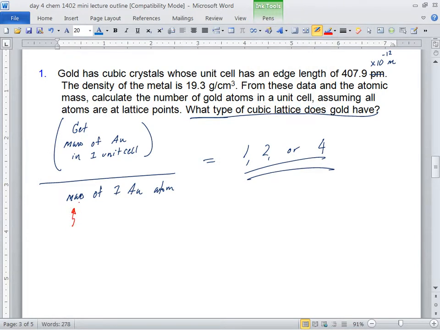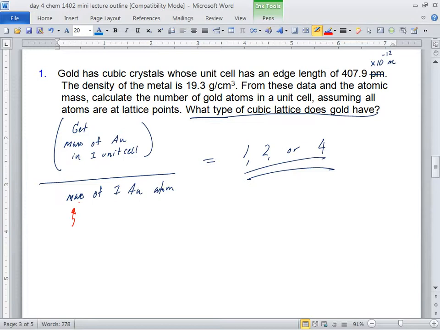How do you get the mass of any atom? Oh, you're going to need Avogadro's number. That's half of it. What's the other half? Molar mass is the word, right? So we find the molar mass of gold, divide it by Avogadro's number, we'll have the mass of 1. Okay, so where's gold? Under copper.